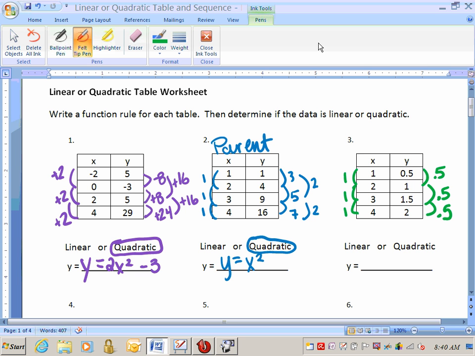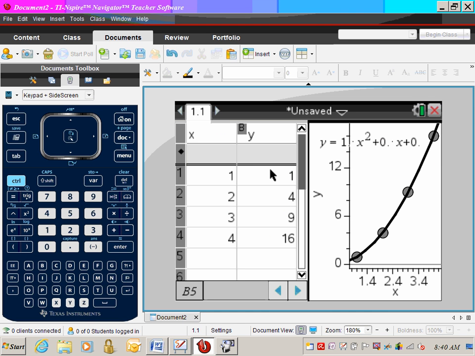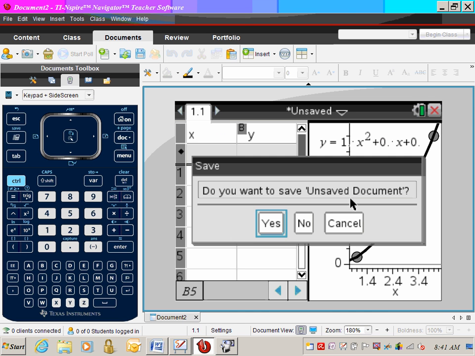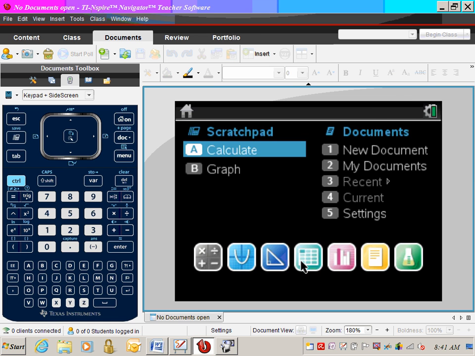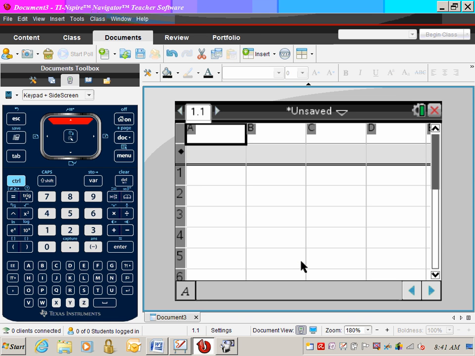What is this one? Linear. So you show me.